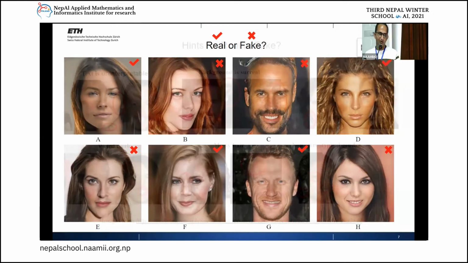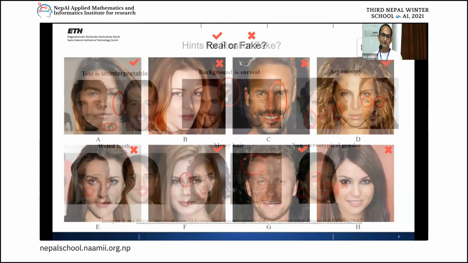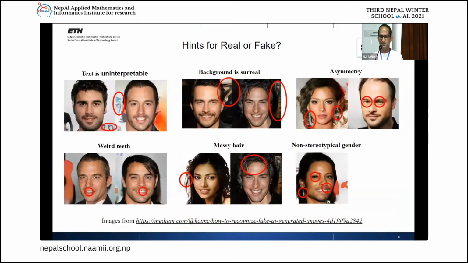If you look closely, until about 2 years back, this used to be the case: when you generate images using only faces, the backgrounds are not so good. Hair is quite difficult. The backgrounds are surreal, symmetry is not well maintained, and teeth are not really nice.